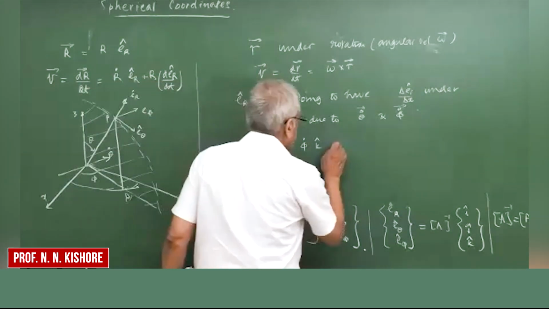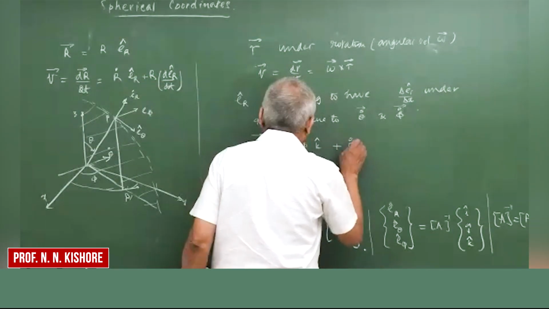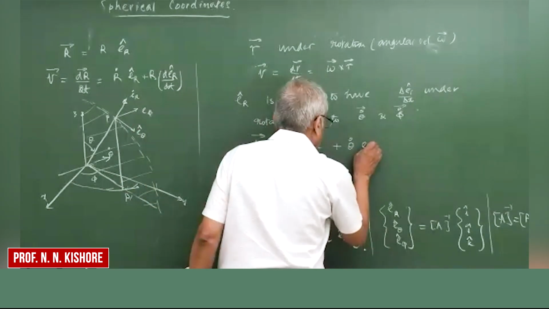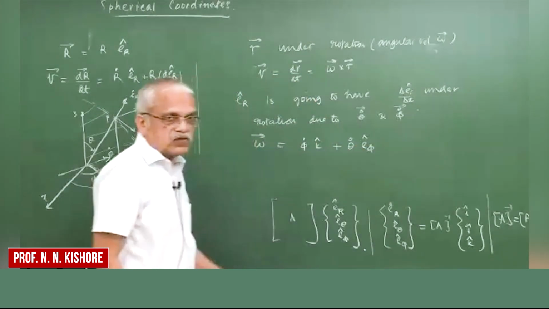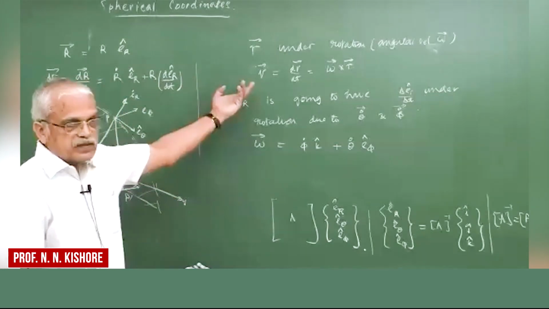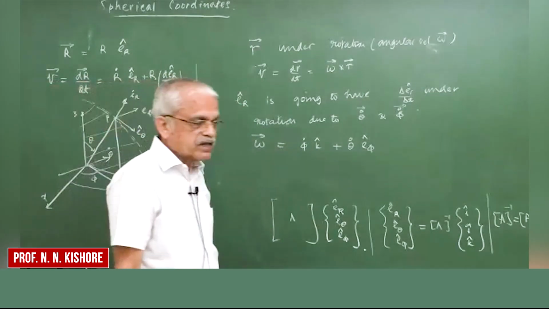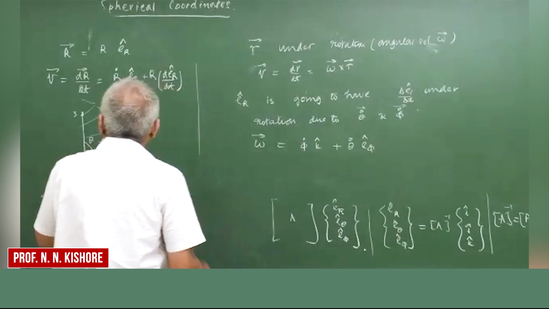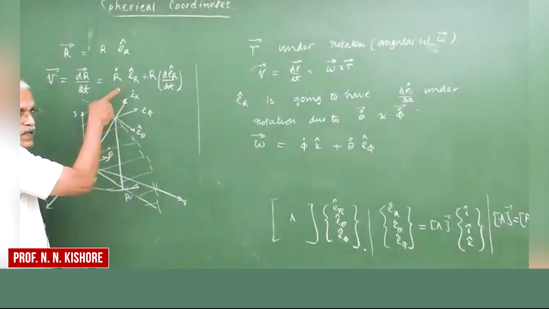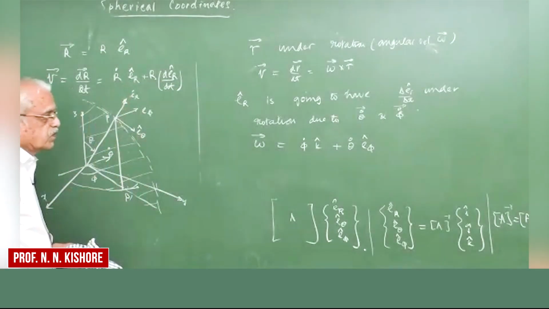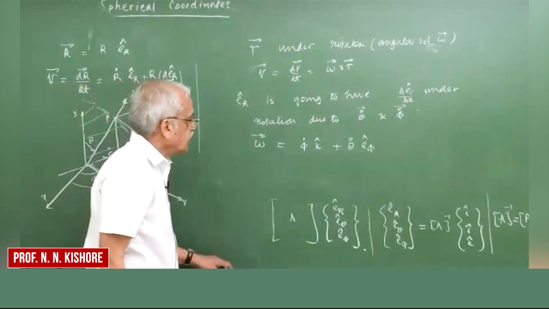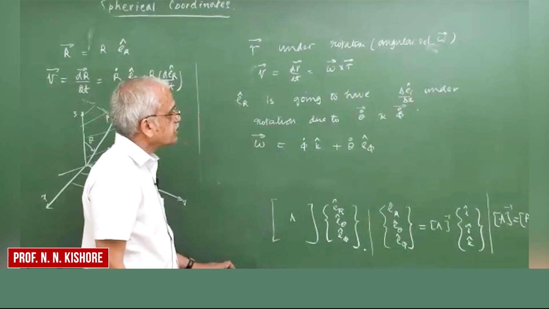So it will be theta dot, and the direction is e phi. Of course, r will be changing, but there's no angular velocity associated with changing r. If it is just moving along, increasing r, it's not going to change anything. Okay, so this is omega.